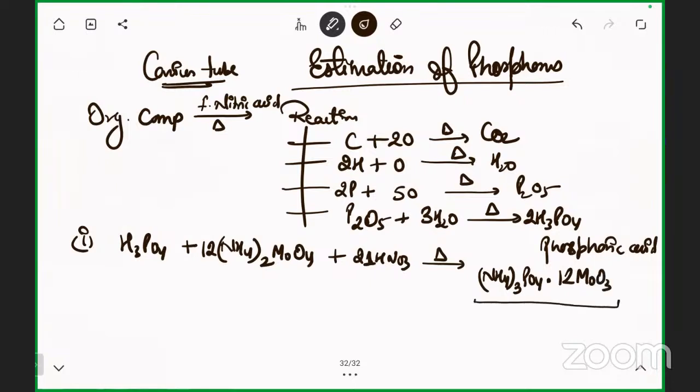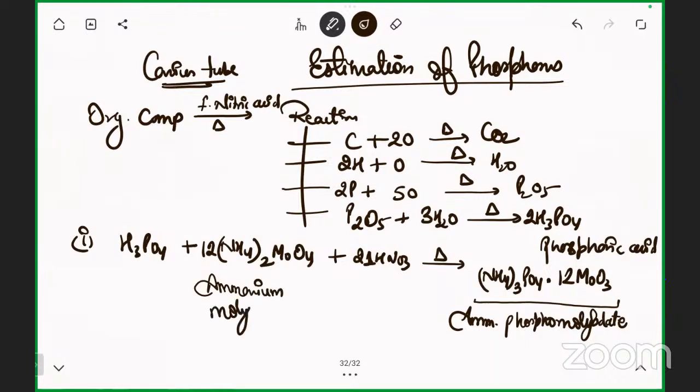This is known as ammonium phosphomolybdate. Along with it, 21 molecules of ammonium nitrate plus 12 molecules of H2O are formed.